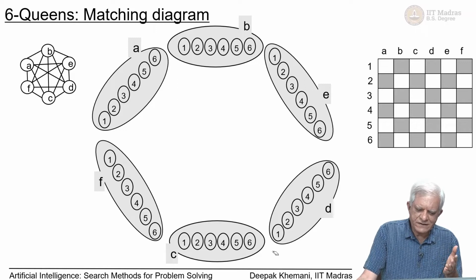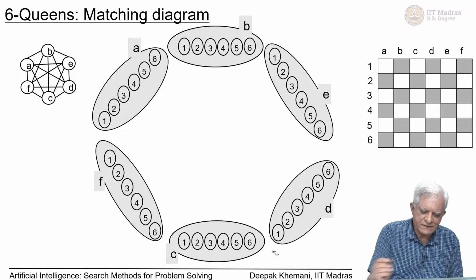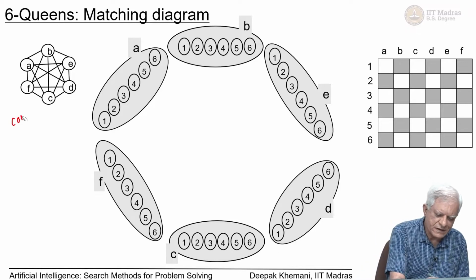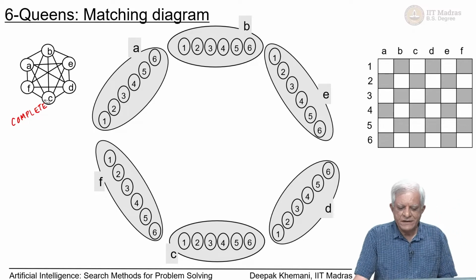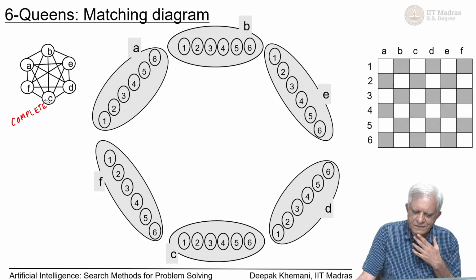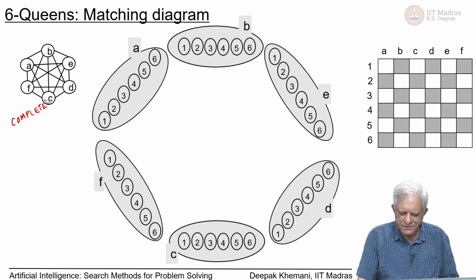In our case, all queens are related to all other variables. So, it is a complete graph essentially. So, you can see that this is complete, which means there is an edge between any 2 variables. In the middle is the matching diagram that we want to draw, and you can see that there are 6 clusters of values, one for each variable. So, each of them can take a value of 1 to 6.